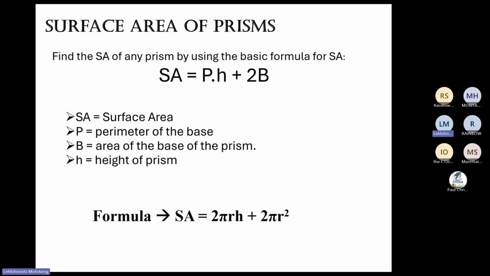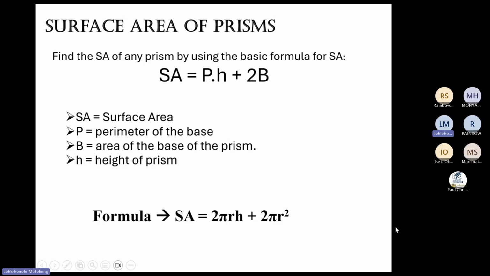So in other words, to get the area of that, we must unfold that rectangle. If we do that, it gives us the area of a rectangle. We know that it is length times breadth. But in this case, the length will be the circumference of the circle, and the breadth will be the height of the cylinder.